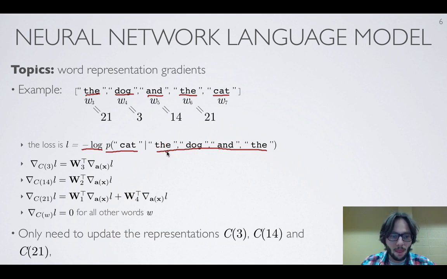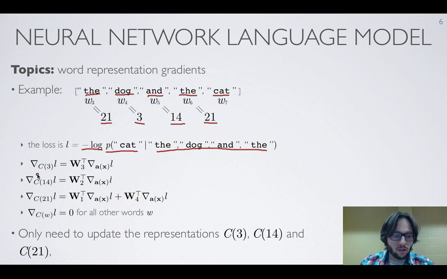Now imagine that the, which is W3 here, has an ID of 21, dog, which is W4, has ID 3, and W5 has ID 14, and the, which is also present at the absolute position 6, so that's W6, again has the ID 21.